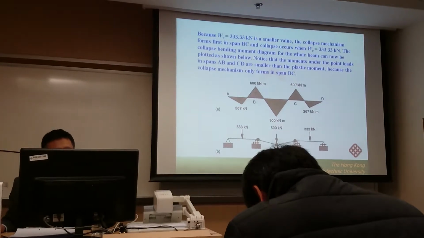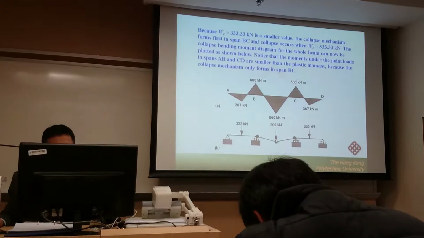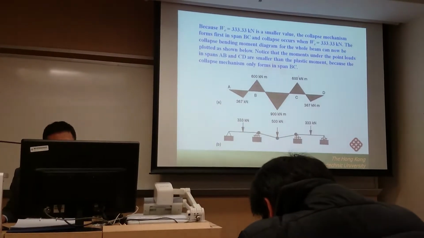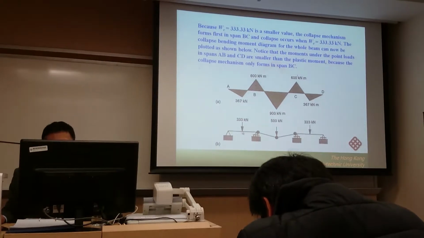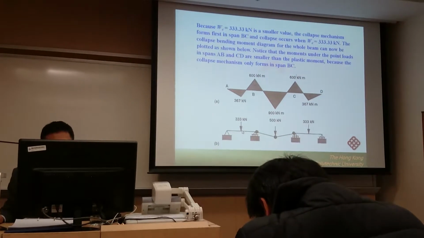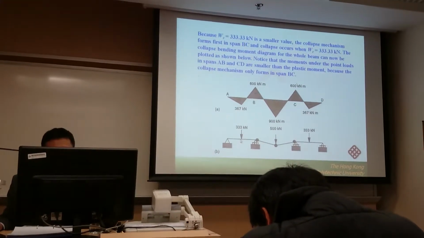And then we can do the moment check. Because we assume this is the correct mechanism, the force on the side spans does not cause collapse. That means the force application locations on the side spans are not plastic hinges.